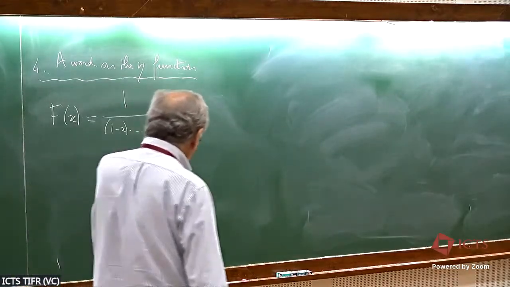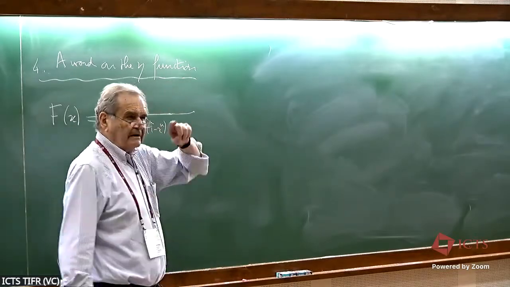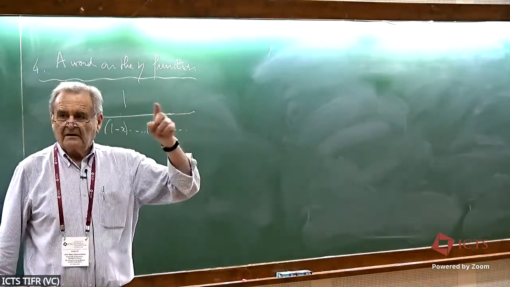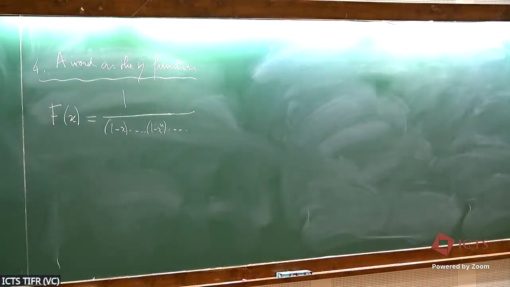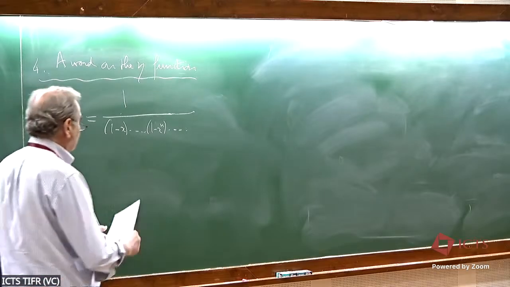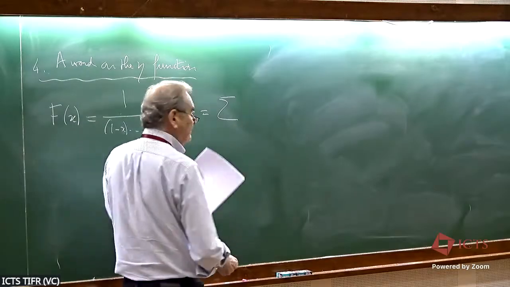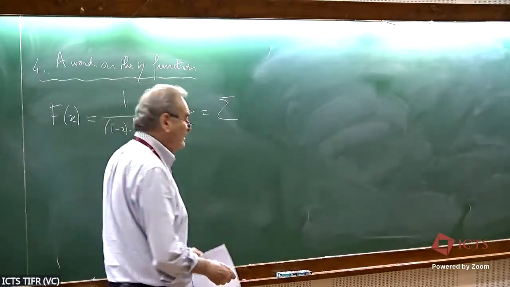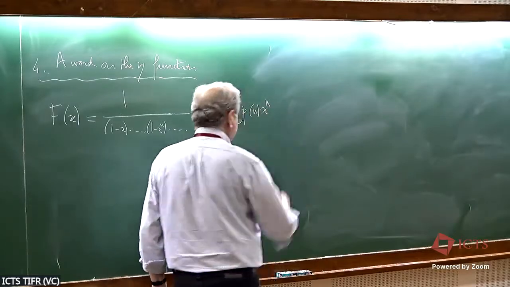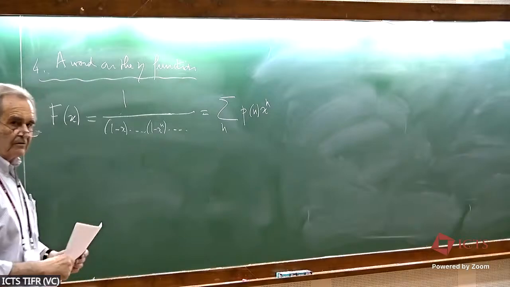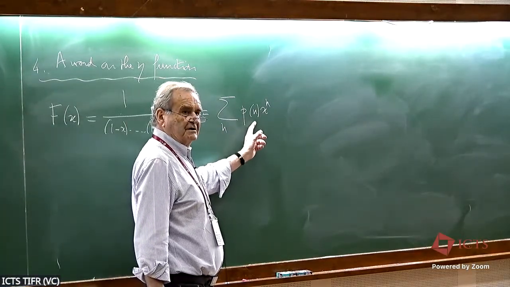Now, the situation is the following. You have seen it this morning. You will see it again, that when you have this, of course you write it also as a summation. So this is fine inside the unit disk always. And this is the summation of P of n x^n. So the way to recover Pn is just to use the Cauchy formula.